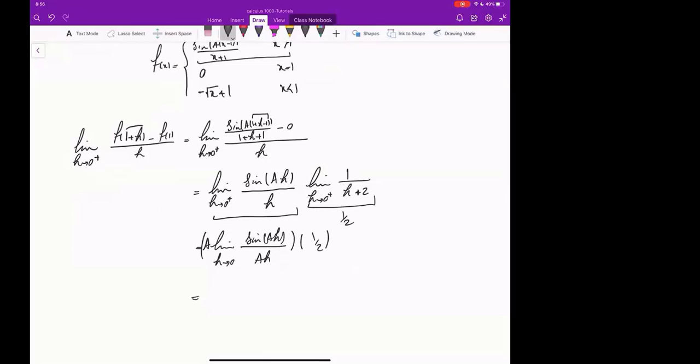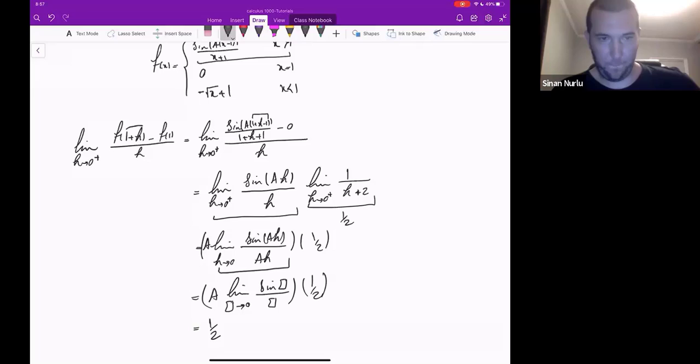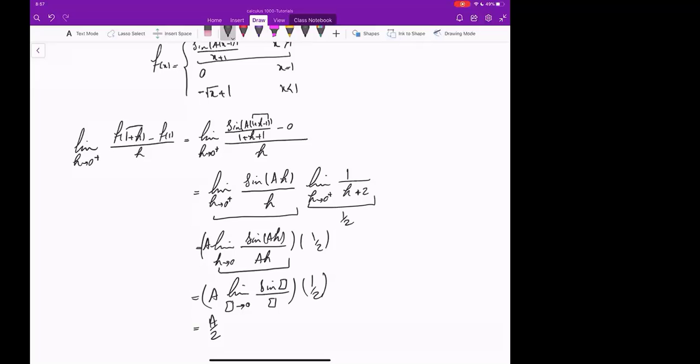And this piece here is the limit of sine of box over box, as box goes to 0, that's 1, multiplied by a times 1 over 2. This should give me 1 over 2a. So a over 2, yes.